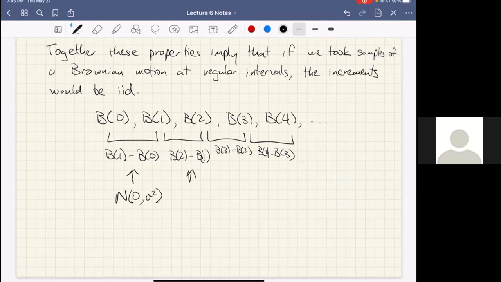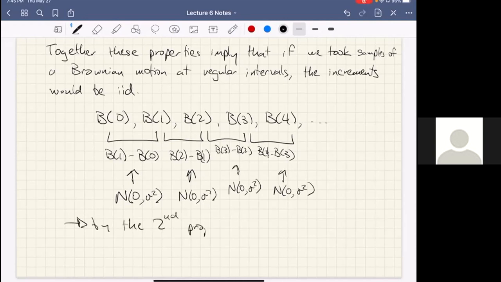The difference between 2 and 1 is 1, so that's normal 0 sigma squared and so on. And by the second property, the increments are independent.